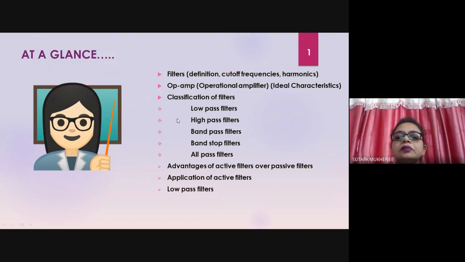So, in the previous class, I told you regarding the filter definition, cutoff frequencies, harmonics, and a slight explanation regarding the op-amp introduction, right? Today I will elaborately explain the op-amp characteristics, classification of filters, advantages of active filters over passive filters, applications of active filters, and low pass filters.